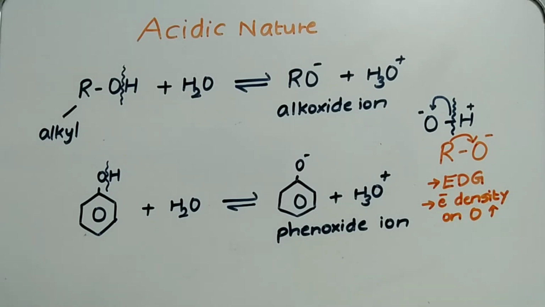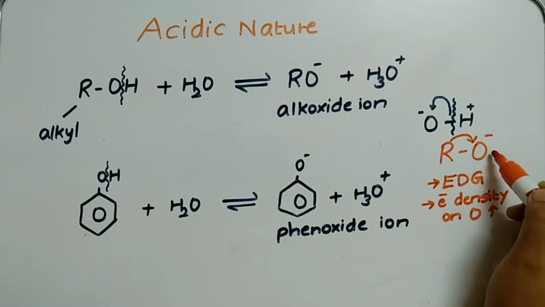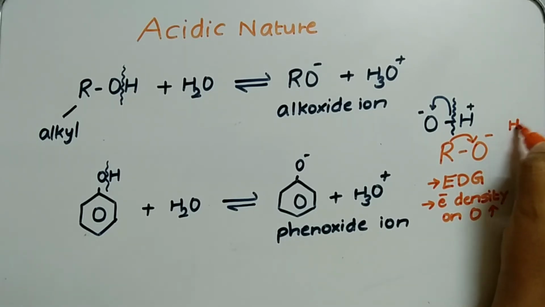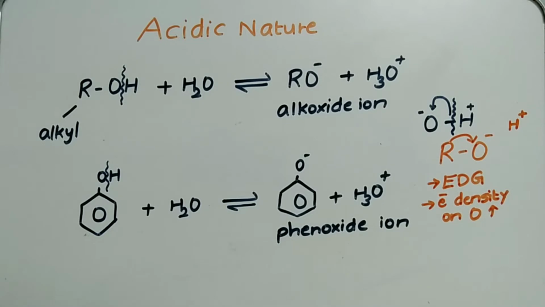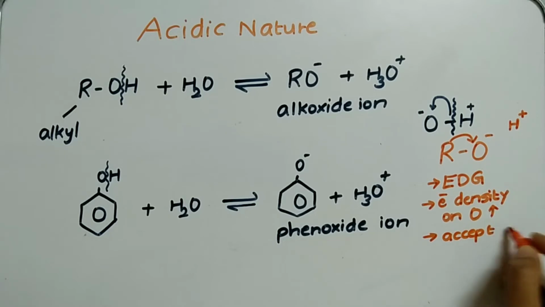Now, if the electron density on oxygen increases, that means it can easily accept a proton, H plus ion. So it will accept a proton very easily.